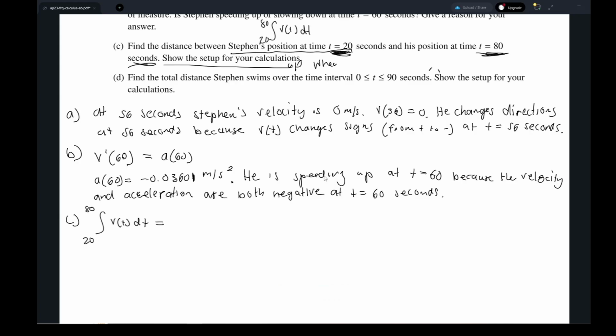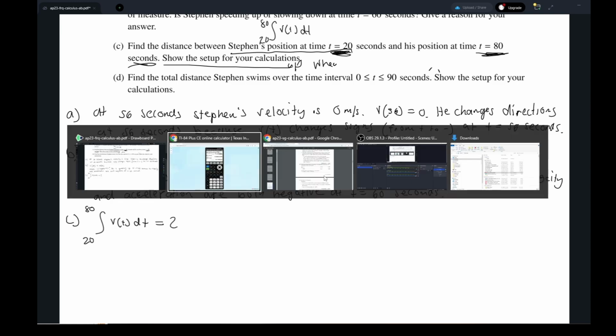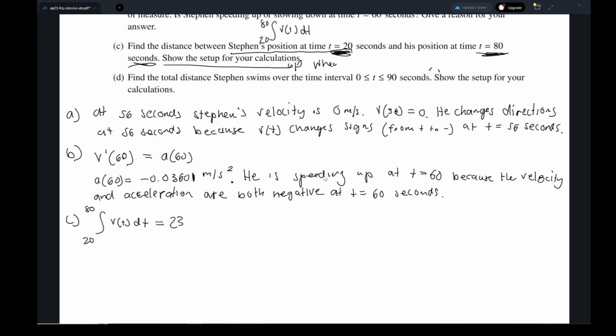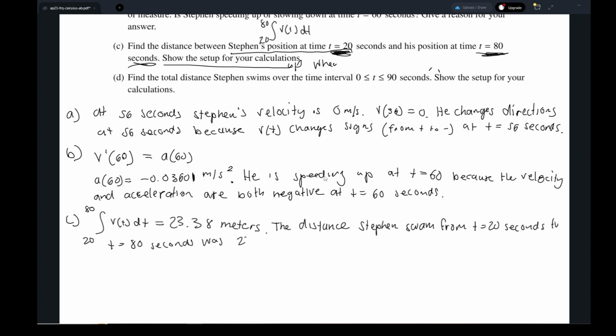So the integral for v of t dt is going to be 23.38 meters. So the distance, and we have to state that the distance Steven swam from t equals 20 seconds to t equals 80 seconds was 23.38 meters.